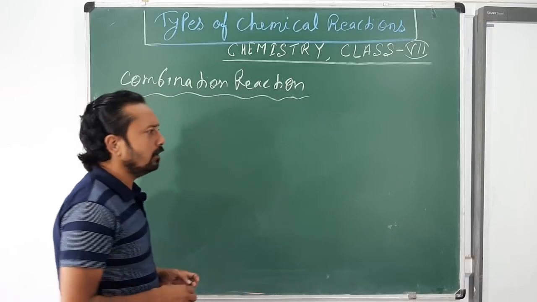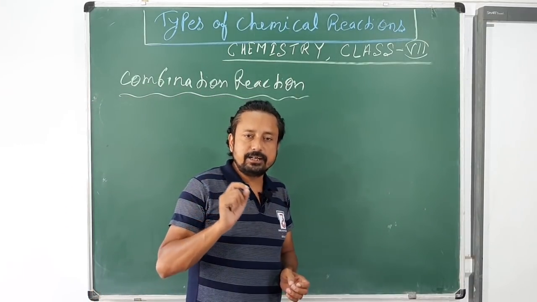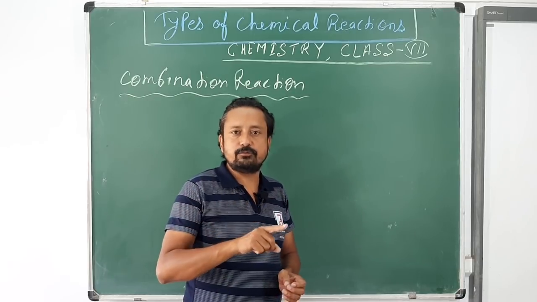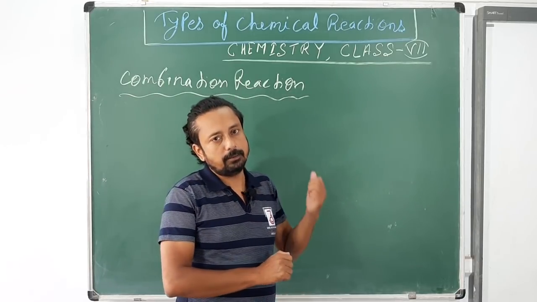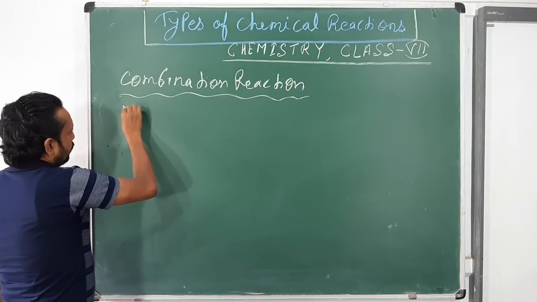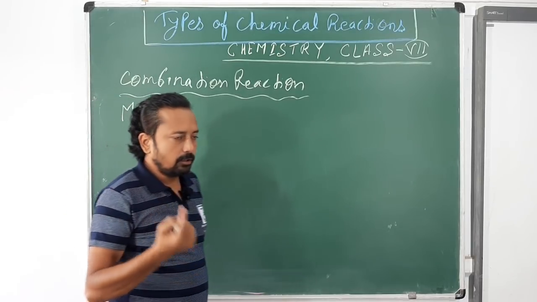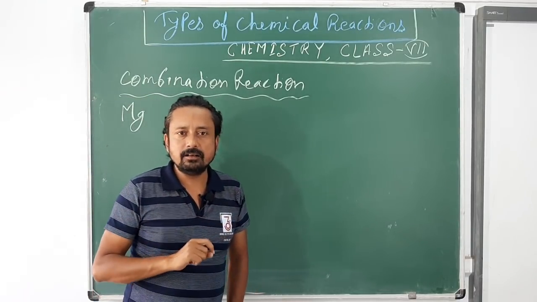Now for example, all types of oxide formation, like metallic oxide formation or non-metallic oxide formation, are examples of combination reaction. For example, if we burn one piece of magnesium, you already know about magnesium ribbon.